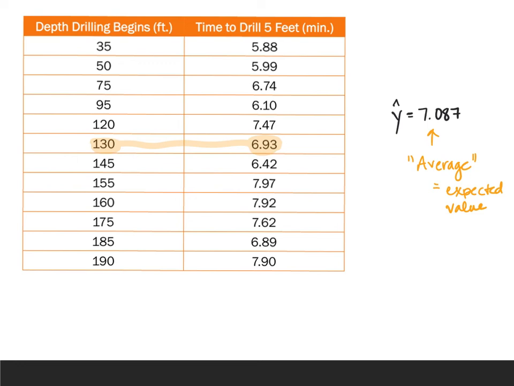And in this case, since 6.93 is less than 7.087, we would say that the observed value is below average. So they were actually able to drill 5 feet faster than expected.